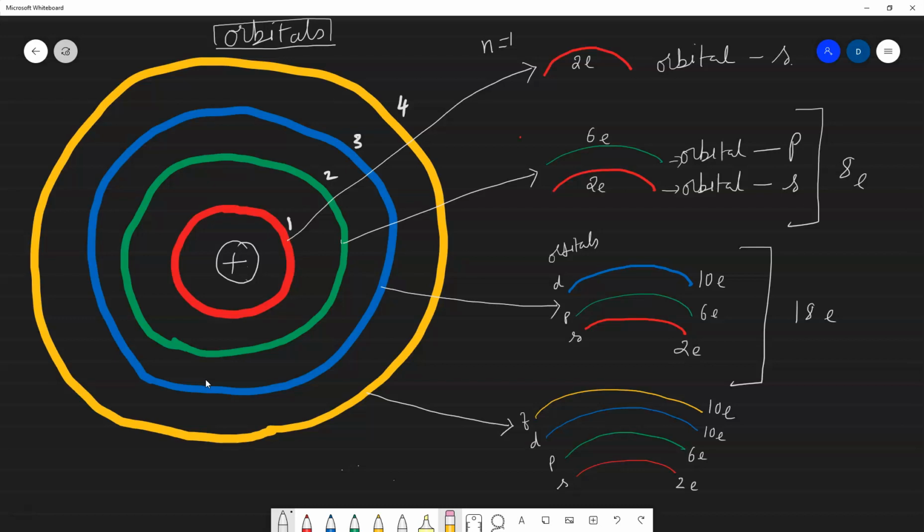Then the scientists looked into what the second shell is made up of. They saw the second shell has 2 orbitals inside. The first orbital is called the S orbital, which can have 2 electrons, and the second orbital is called the p orbital, which can have a maximum of 6 electrons. We already know the maximum number of electrons in shell number 2 is 8.